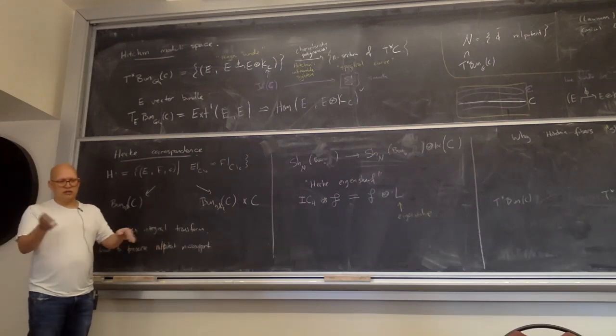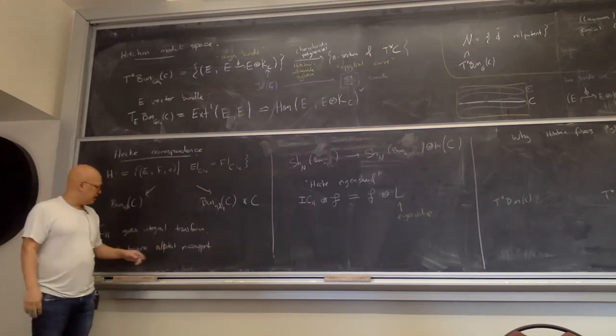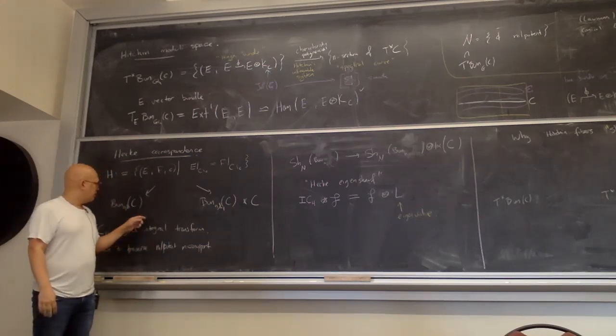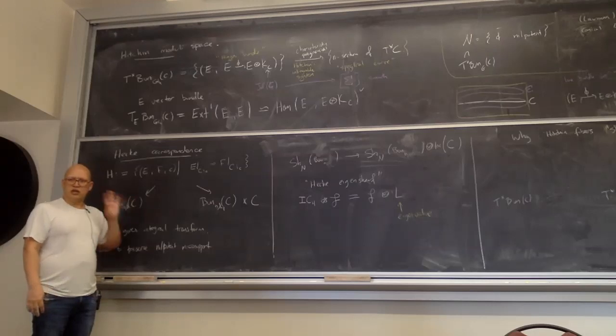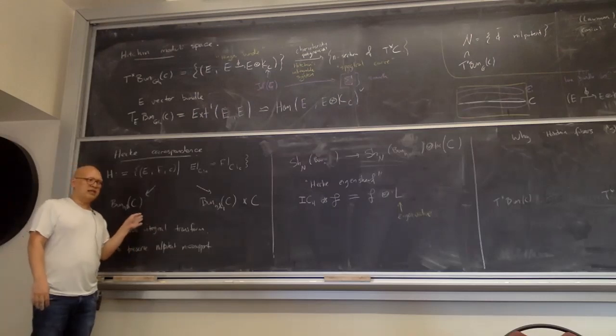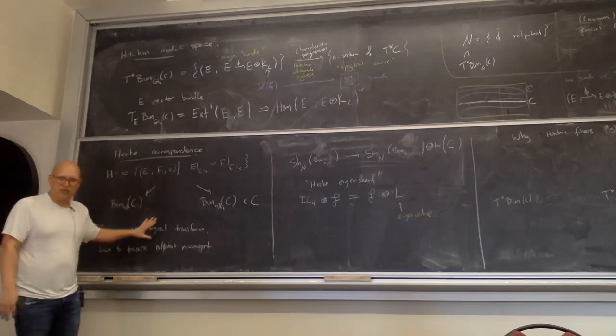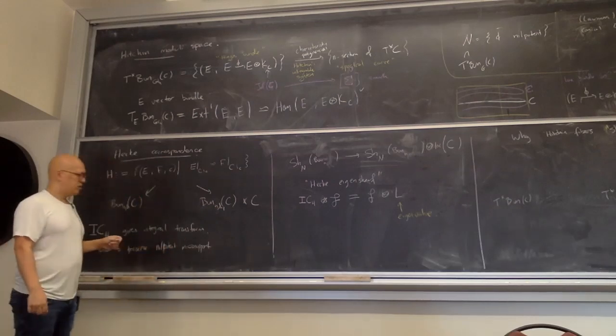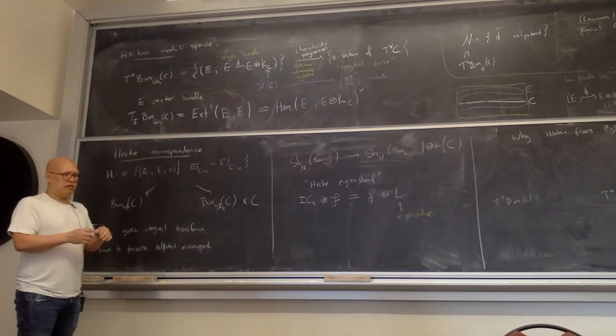A constructible sheaf has microsupport the conormals of the stratification. And this is saying that whatever kinds of sheaves we consider, they're only allowed to have microsupport in this nilpotent cone. I will later translate this statement into something more palatable, so you can just ignore it for now. The structure sheaf of a point has microsupport at a point, its conormal to that point.